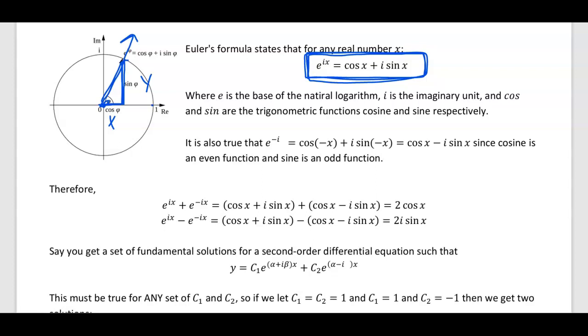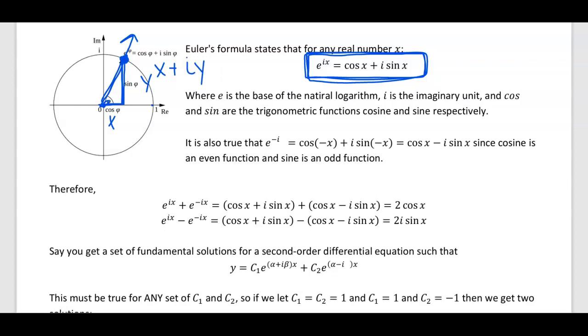Now, if you think about that in terms of how we were to graph this point right here, remember we called that like x plus iy.